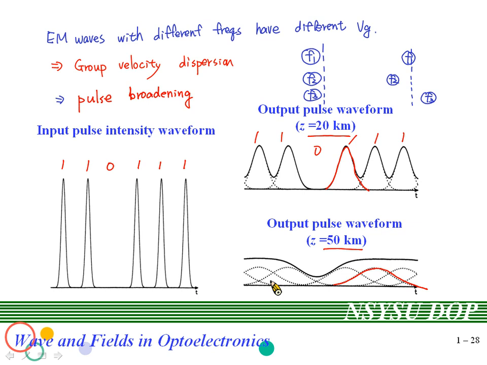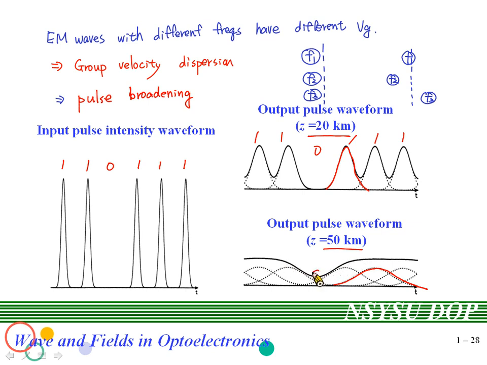As a result, the final signal will look like the black solid line here. From the black solid line, it is very difficult to tell which is 1 and which is 0. You cannot clearly tell how many bits are in these signals, right?